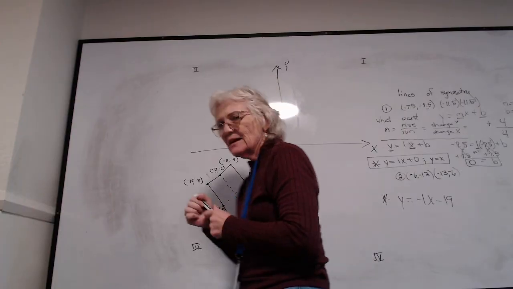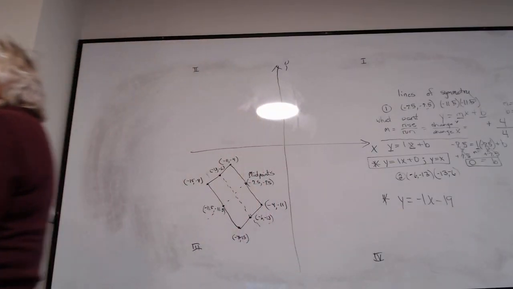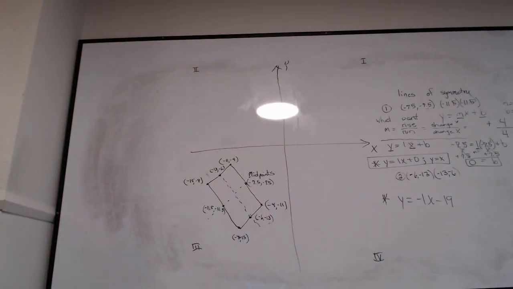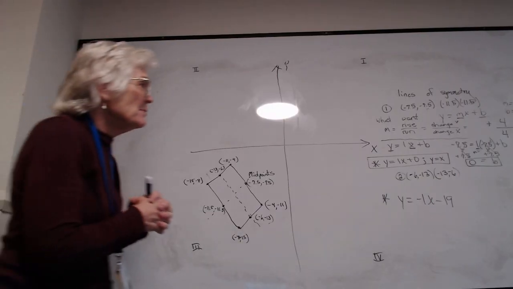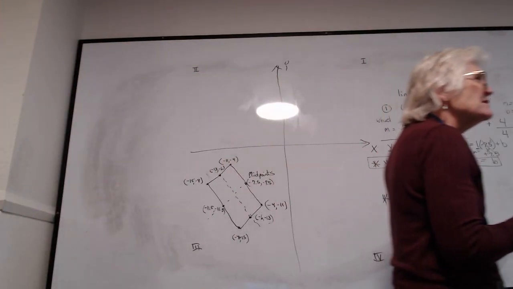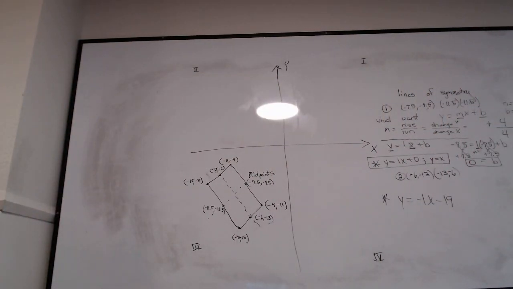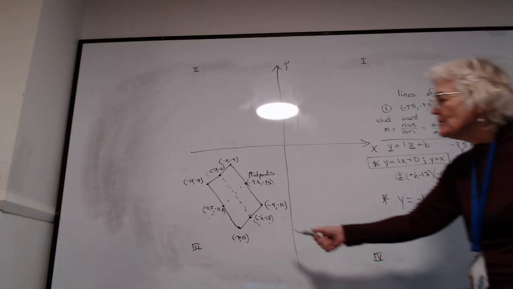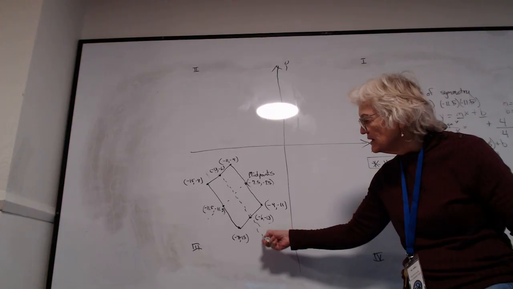Okay, so I think most people, a couple are still working on it, but this is what we get for it: y equals -1x minus 19. So the slope is -1. Where it crosses the y-axis kind of makes sense, look at your picture.